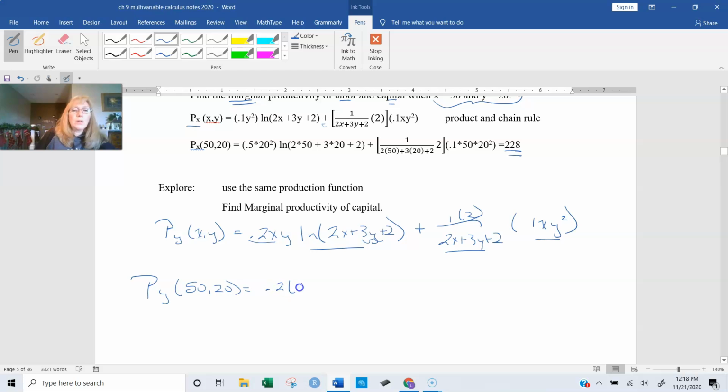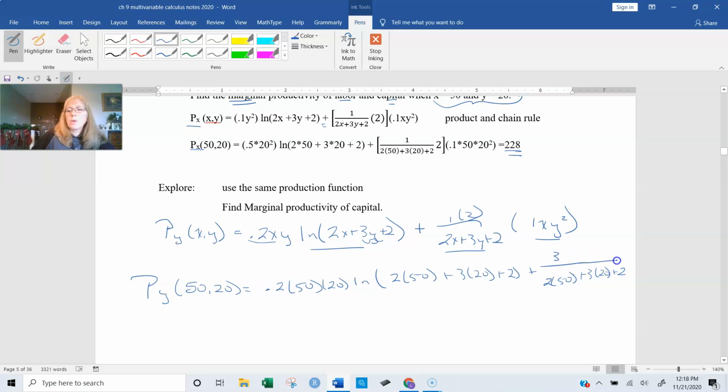So we have 0.2 times 50 times 20 times the natural log of 2 times 50 plus 3 times 20 plus 2, plus 3 over 2 times 50 plus 3 times 20 plus 2.